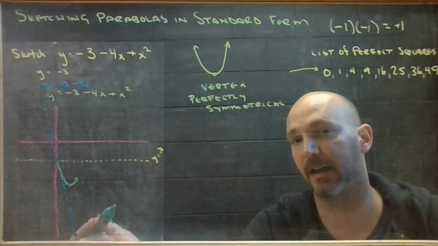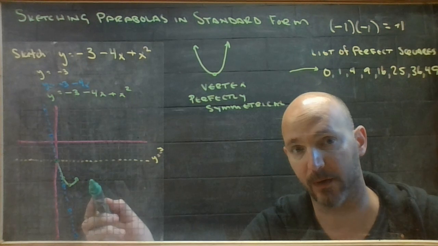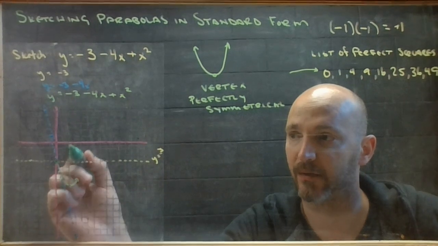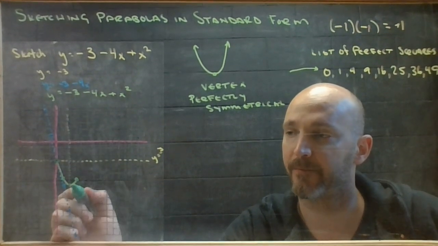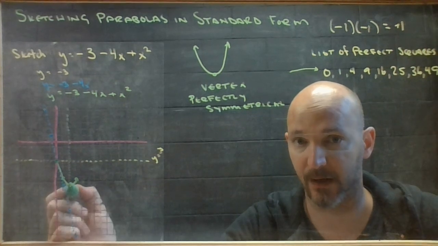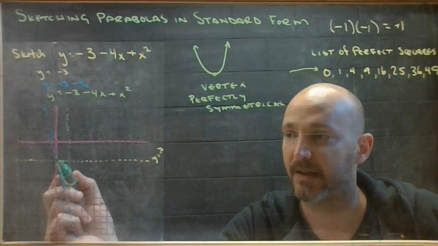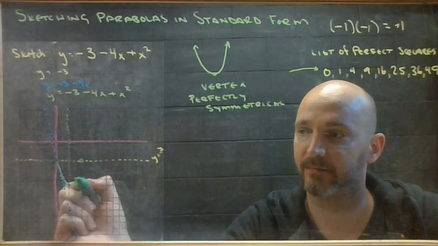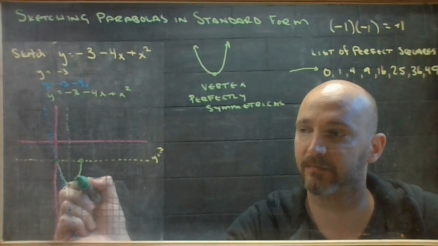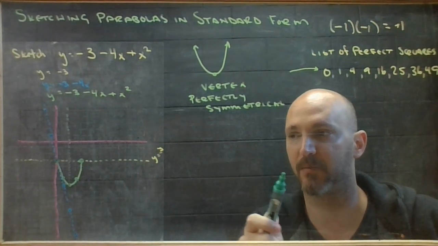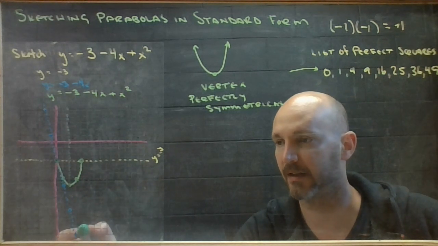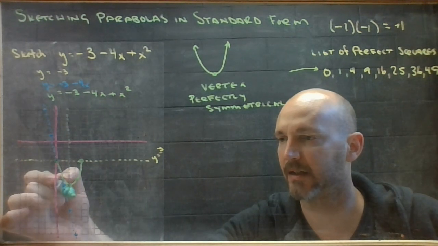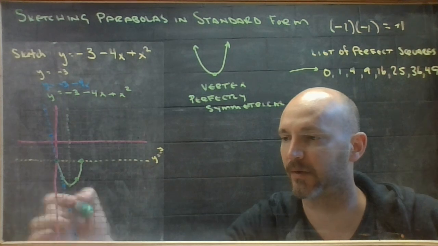So I don't need this line anymore once I get around the corner. I have to draw something that is perfectly symmetrical around this vertex here. Right, because there's my vertex, place where it turned around. This dot is 2 squares on that side, so it'll be 2 squares on that side. And if you want to convince yourself of the numbers, this dot here is at 1, 2, 3, 4, 5, 6, 7, 8, 9, 10, 11, 12, 13, 14, 15.